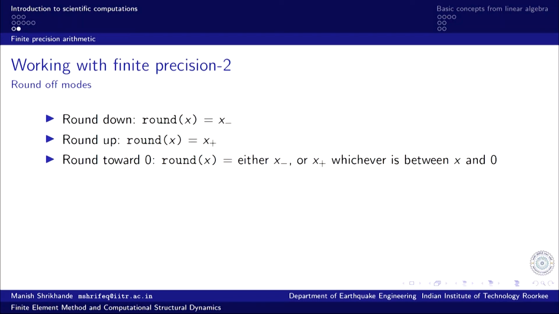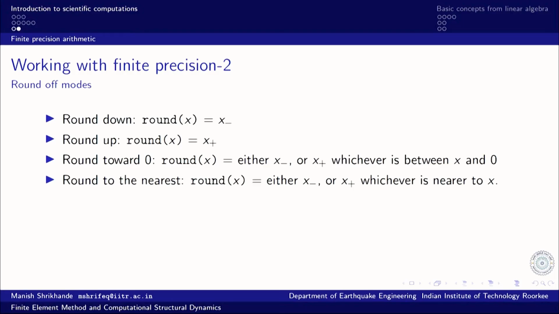If it is a negative number, it is rounded to a larger number, and if it is a positive number, it is rounded to the smaller number. Essentially, whichever is the closest number between x and 0. And round to the nearest, whichever is the closest neighbor. Most of the time we adopt round to the nearest in most operations, unless otherwise specified.